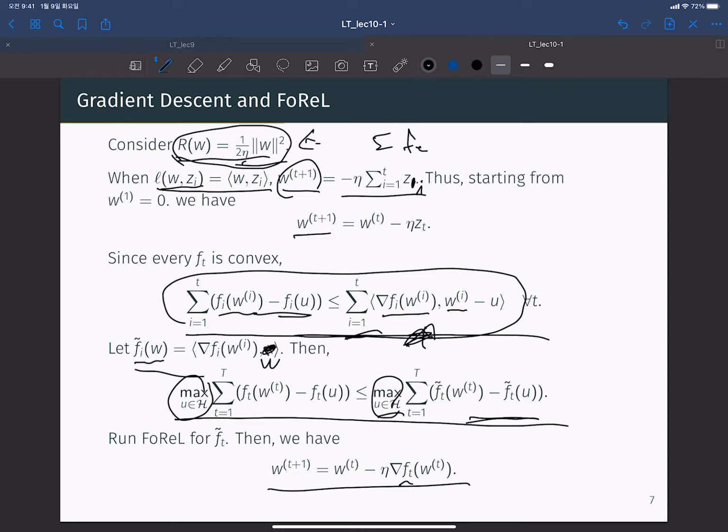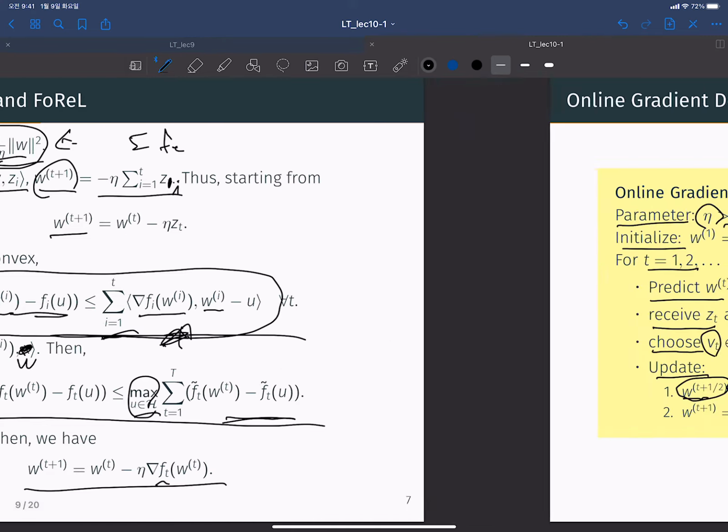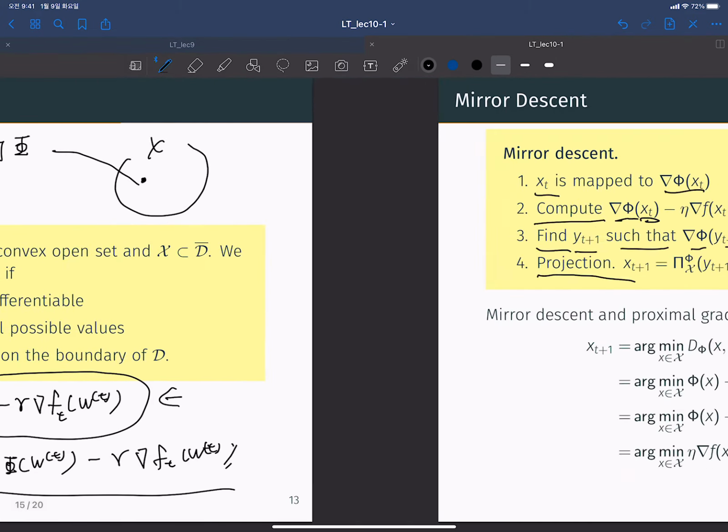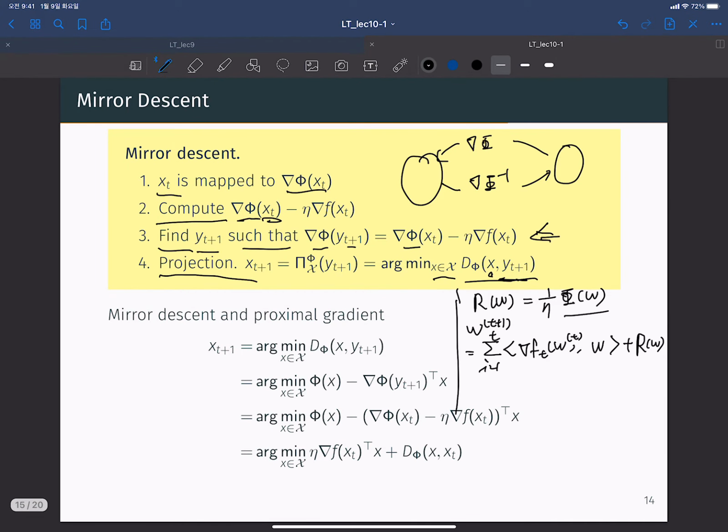And here f tilde, from the definition, is the inner product between the gradient of f_i(w_i) and w. Okay, so we can write this as an argmin, right?